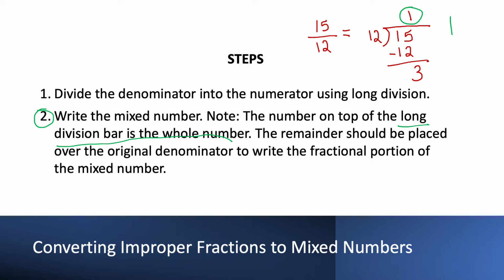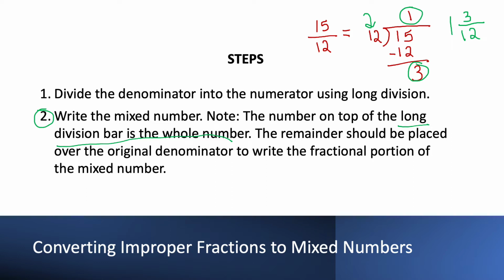So in my example, the remainder is 3, so I'll write 3, a fraction bar, and then the denominator of the original problem, which is 12. So this would be a mixed number because I have a whole number and a fraction next to it.